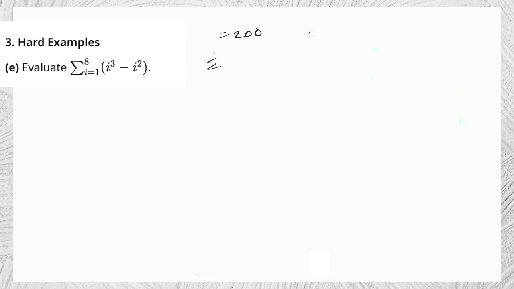So now for this question, we have the sum from i equals 1 up to 8 of i cubed minus i squared. There's actually nothing to be worried about. All we have to do is apply the same logic we've been using from the start. First off, we're going to split it.